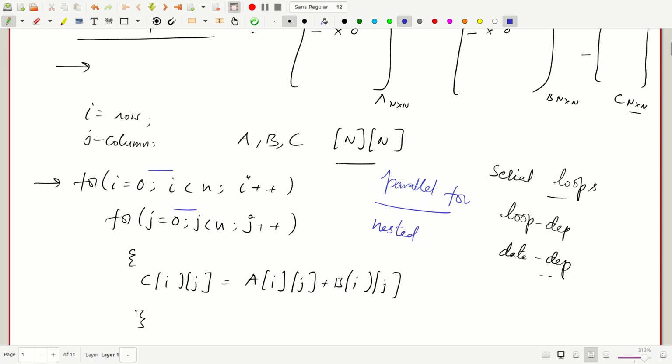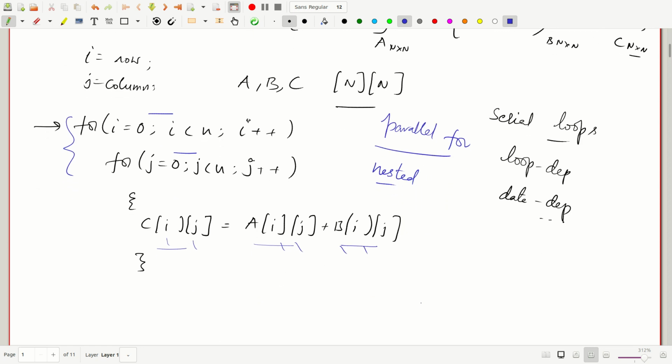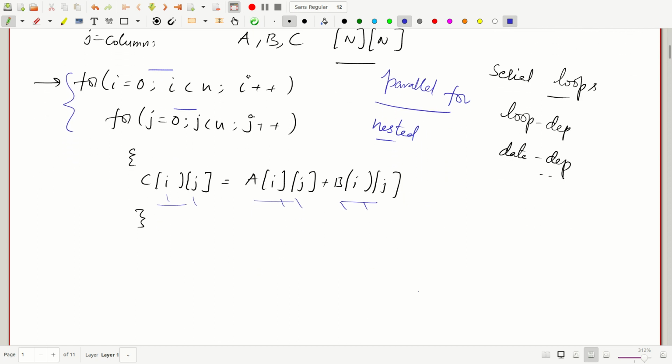Of course, you can do either of them: parallel for only for the top one, only for the bottom one, or for both of them. The only thing is that you have to set nested equal to true if you are doing it for both, because there are essentially no data dependencies or loop carried dependencies, since each ij would uniquely belong to each of the threads. As a result you can do all these three kinds of parallelization.